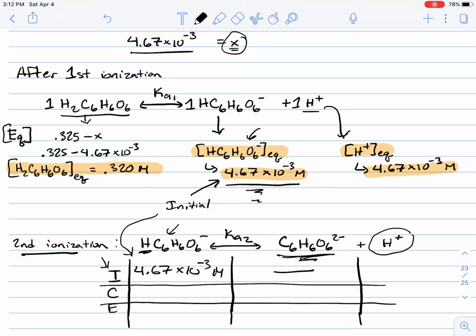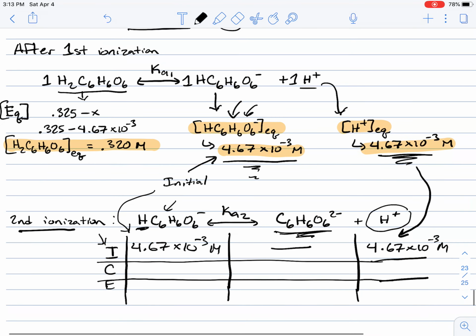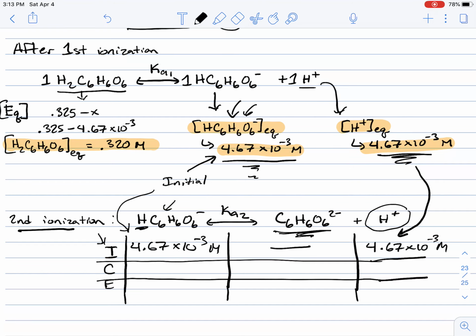Now for hydrogen ion, very similar to what we did with the conjugate base of ascorbic acid, this is how much is already present in solution after the first ionization. And so there is going to be an initial concentration of hydrogen ion for the second ionization. That's going to be 4.67 times 10 to the negative 3 molar. Okay. And so these are the key differences between the first and the second ionization.